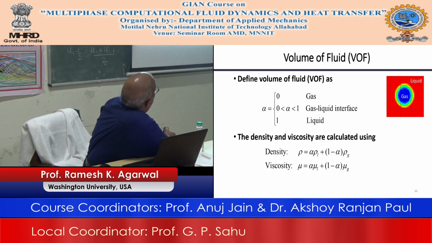So this is a definition. Alpha is a standard definition and notation that is used. It defines the gas and liquid interface. Which means that if alpha is 0, you are in the blue part only. If alpha is 1, you are in the red part. And if alpha is between 0 and 1, then you are somewhere in the greenish yellowish part. It can be half, it can be 1/4, it can be whatever.